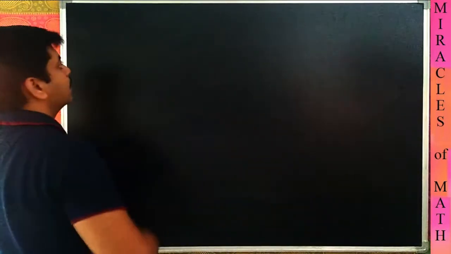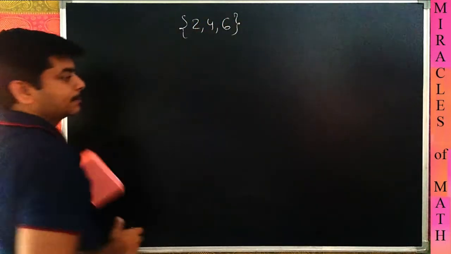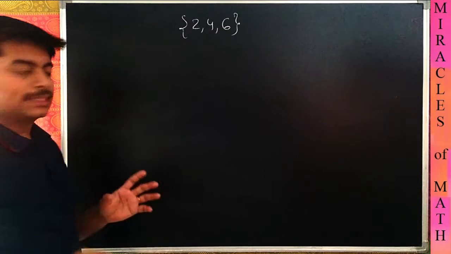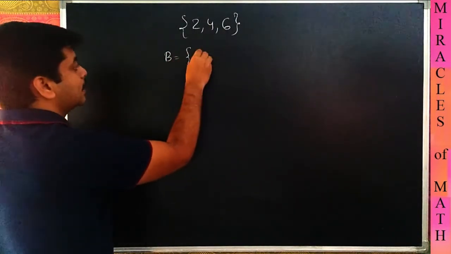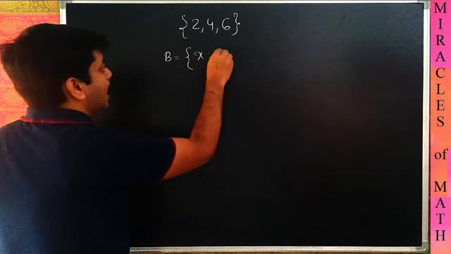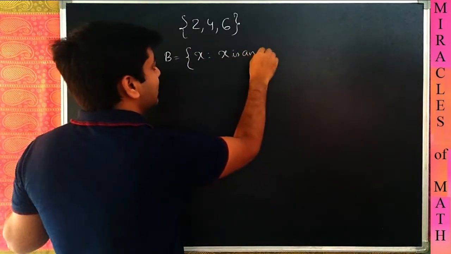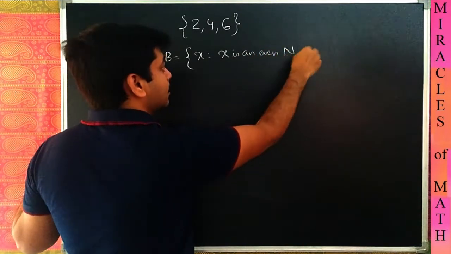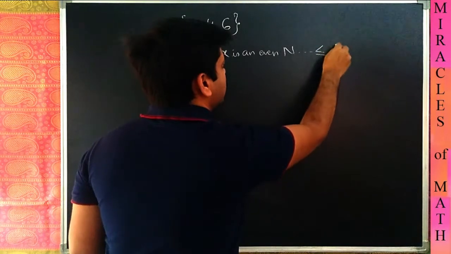Let us take the numbers 2, 4, 6. Just 2, 4, 6. So what can you say? One set you can write as A equals x such that x is an even natural number less than or equal to 6.